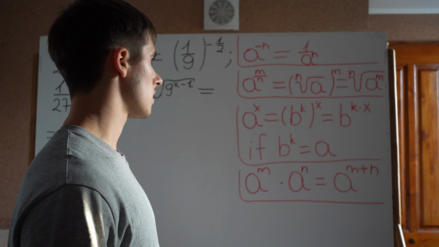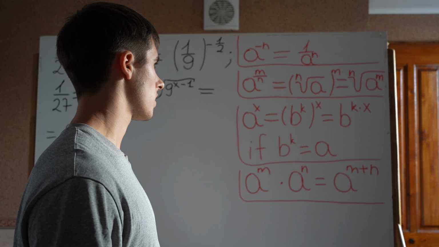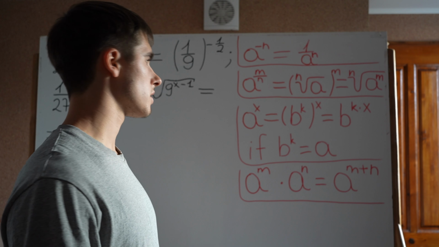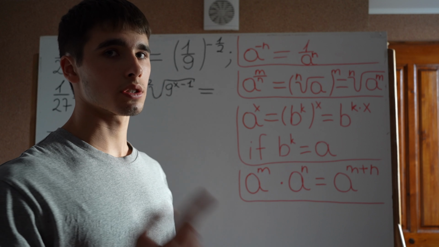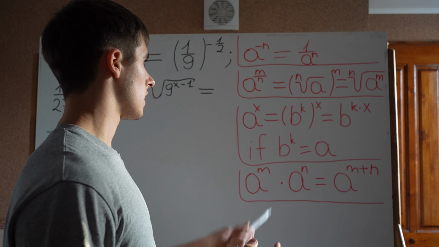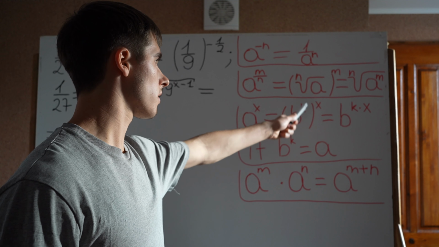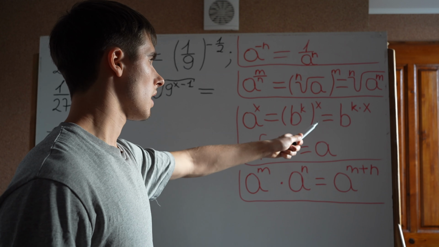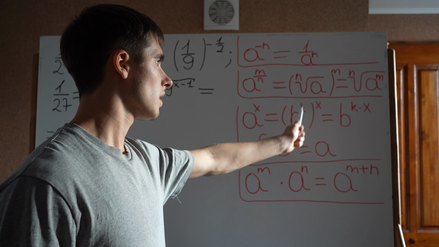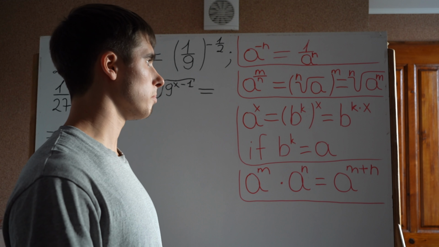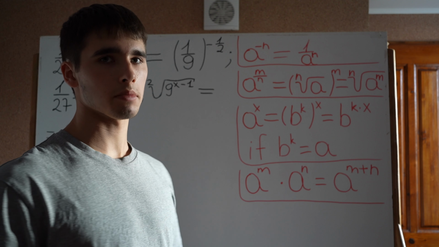So in this formula, we have b raised to the k power, which equals a, and all this raised to the x power. And when we have that, we multiply the exponents. So we have b raised to the power of k times x.